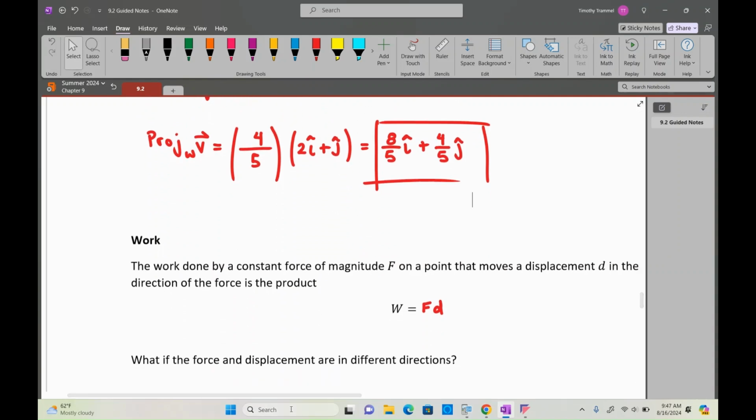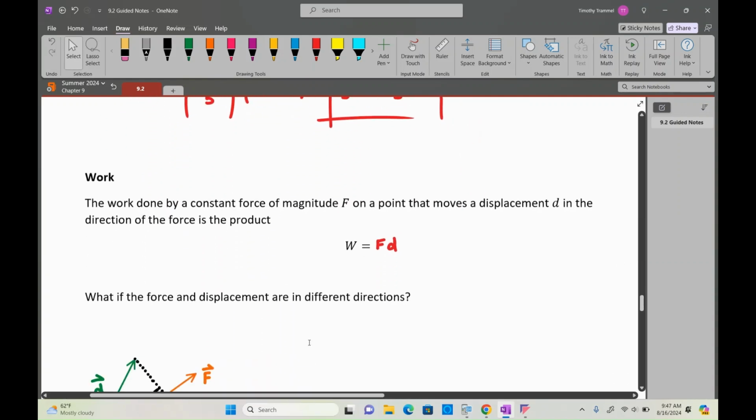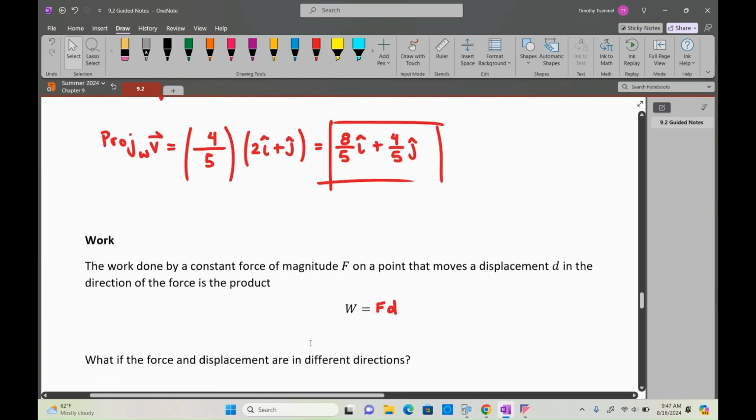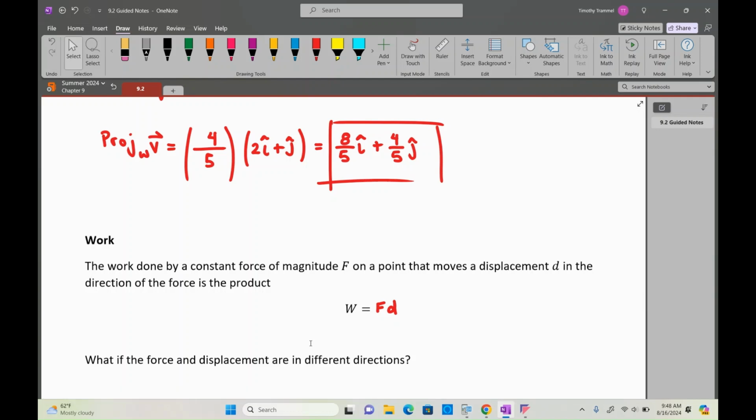All right, let's go ahead and take a look at an application of our scalar projection. When it comes to work, we can relate this to these projections that I'm talking about. Let's read the definition here.